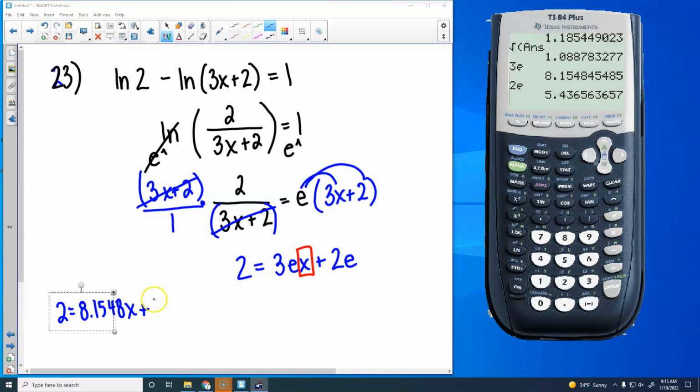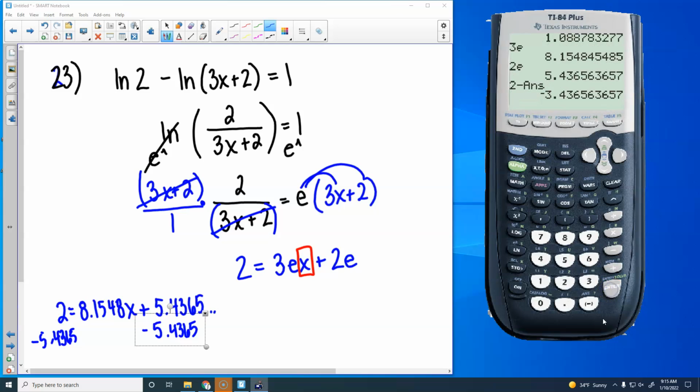So you get 5.4365, and so on. It's a little bit easier to see with the numbers in there. You just need to subtract this number. So 2 minus, remember I showed you guys that second negative key is going to give you the answer from the line above.